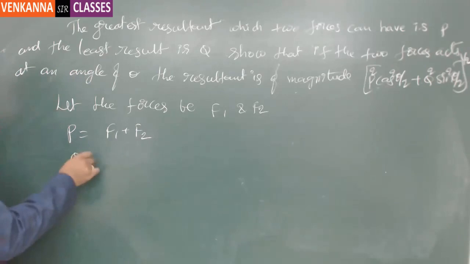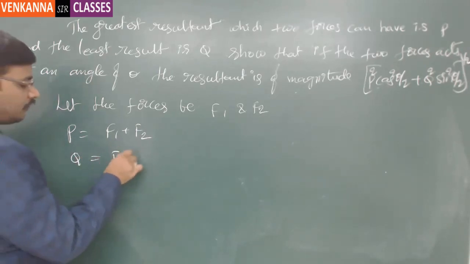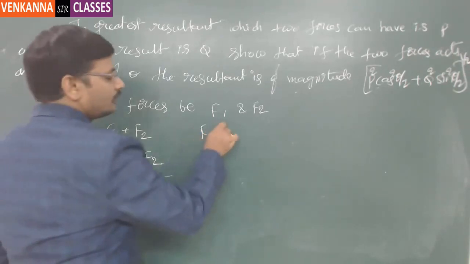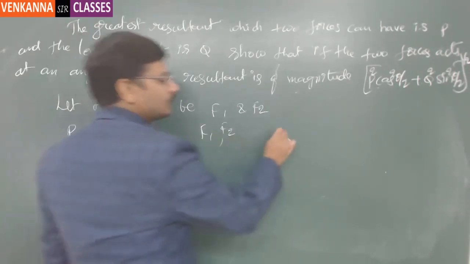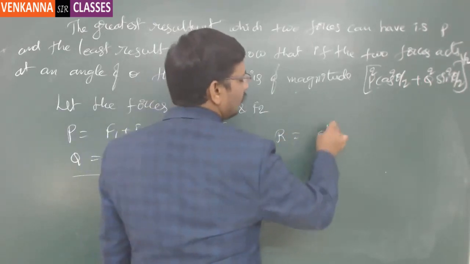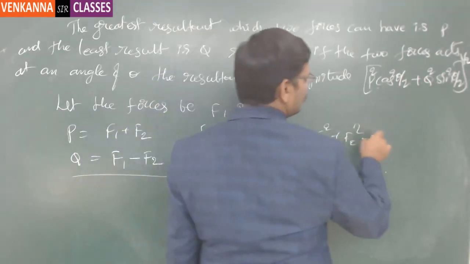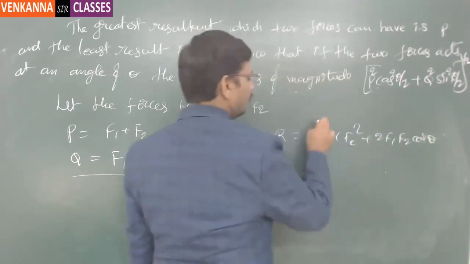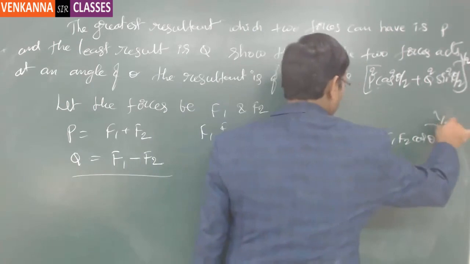And similarly, the least can happen if F1 minus F2. Least can happen in this manner, right? So Q is least and P is max. So from this you can find out F1 value and F2 value. Then you can substitute resultant is equal to the square root of F1 square plus F2 square plus 2 F1 F2 cos theta. So this is how you can find out.